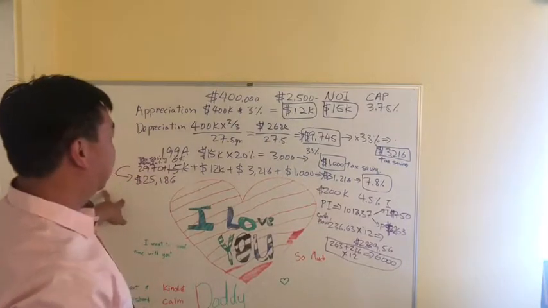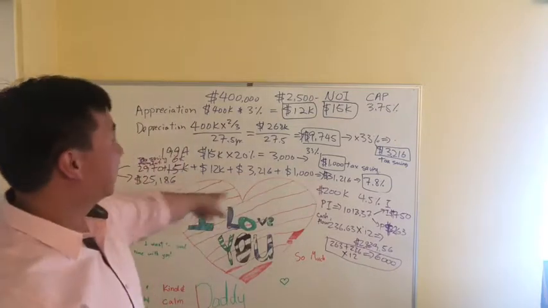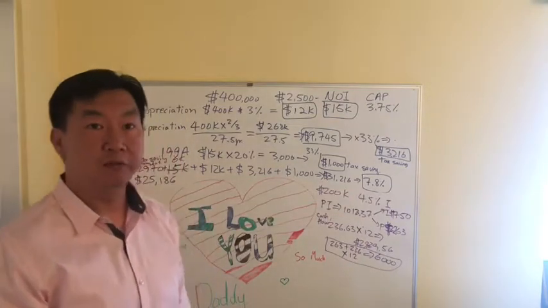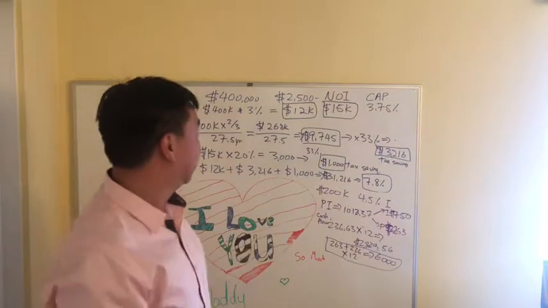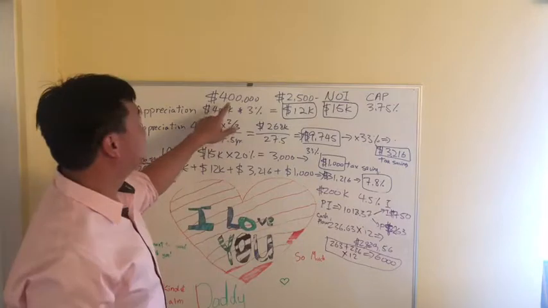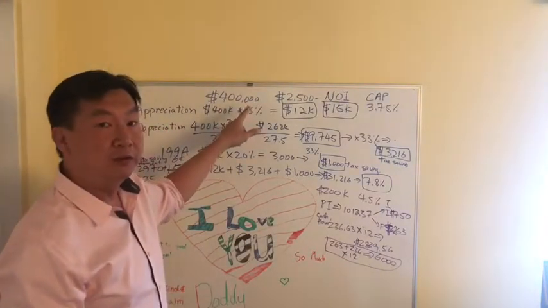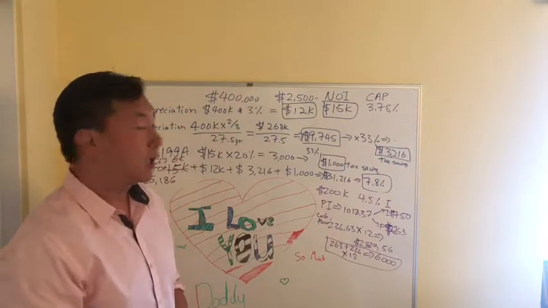And you're going to tell me, hey, it's a little bit less than before. So how come the return is bigger? The reason is, instead of taking $400,000 out, you're only paying $200,000.